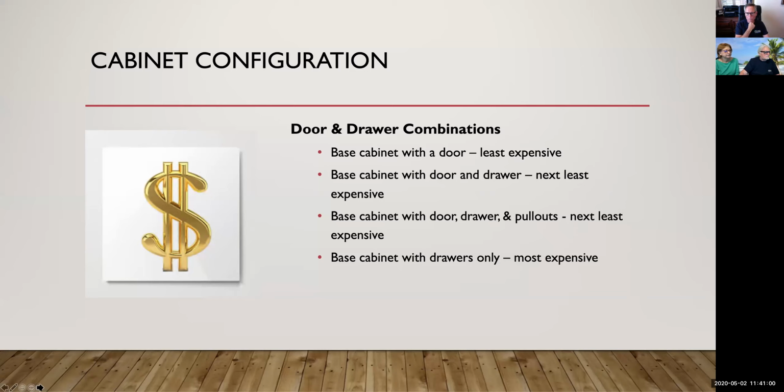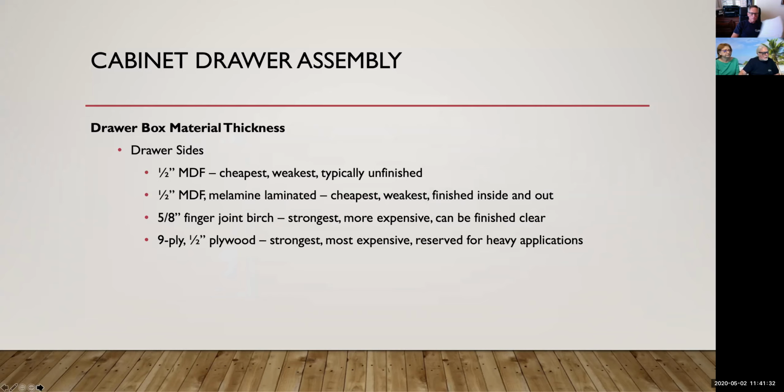Now we know that doors move in cabinets, but drawers move with weight in them, so the construction of a drawer is extremely important. Drawer sides can be 1/2-inch MDF, which is the cheapest, weakest, and typically unfinished. They can be 1/2-inch MDF with melamine laminated, which is also the cheapest, weakest, and finished inside or out. Then there's 5/8-inch finger joint birch.